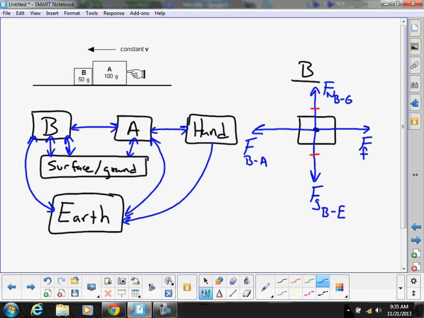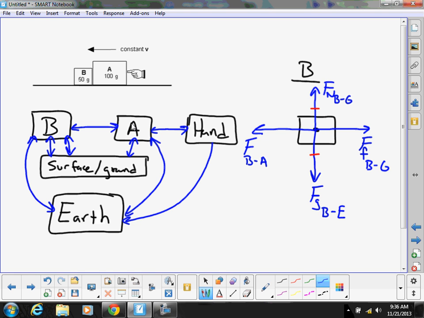So we also have the force of friction on block B by the ground. The force of friction is defined as a force that opposes motion. Well, from our picture, we know that the motion is going to the left, so the force of friction, if there is friction acting on block B, would have to be going to the right.